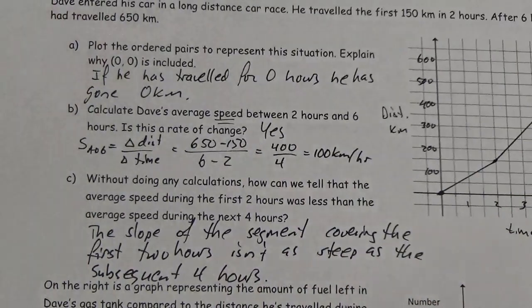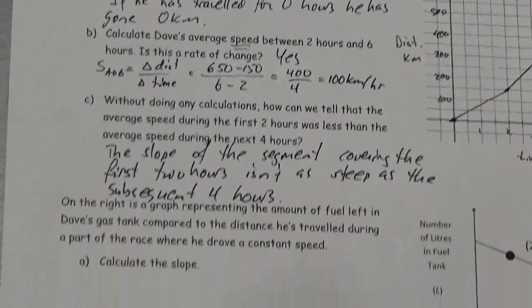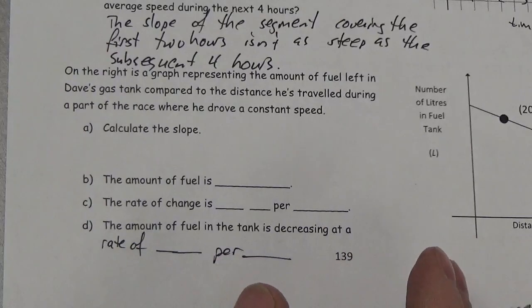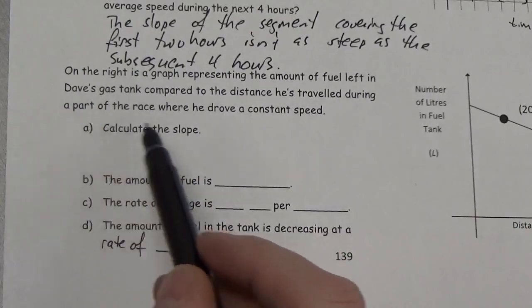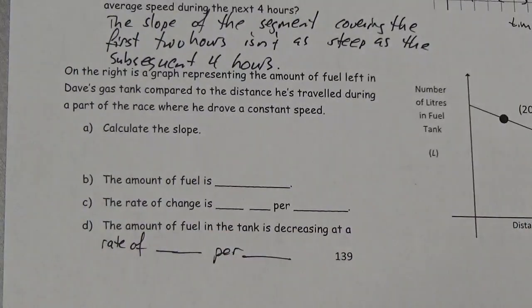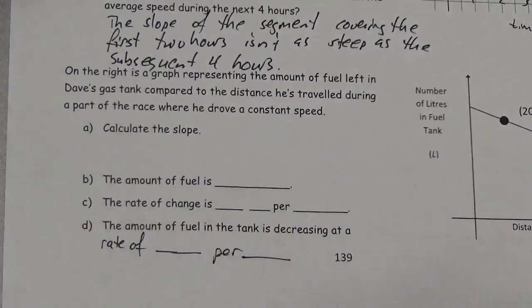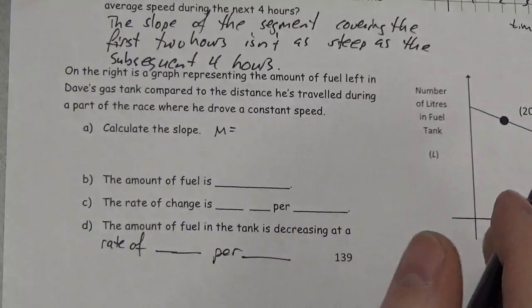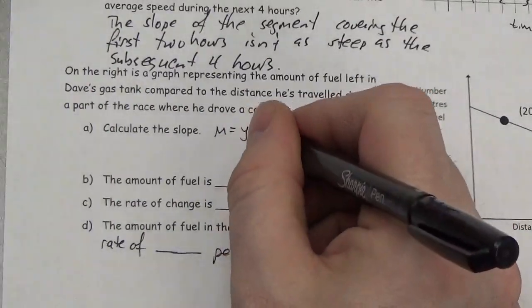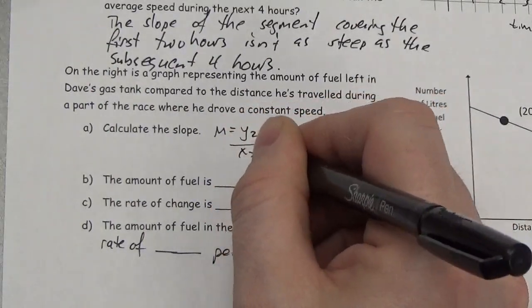Okay? Now, as a continuation of this problem, it says, on the right is a graph that represents the amount of fuel left in Dave's tank compared to the distance he's traveled during a part of the race where he drove a constant speed. Okay, so constant speed, it's important here. Calculate the slope. Well, the slope here, remember, is y2 minus y1 over x2 minus x1.